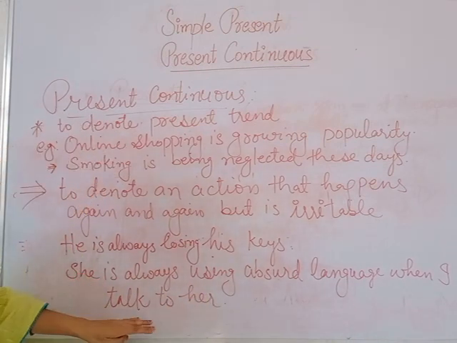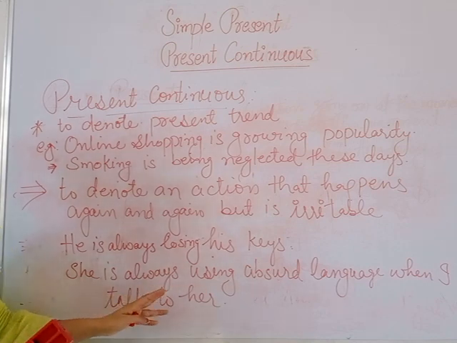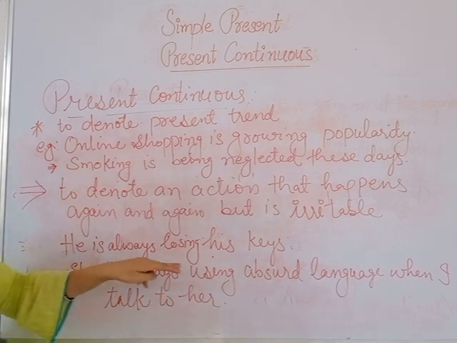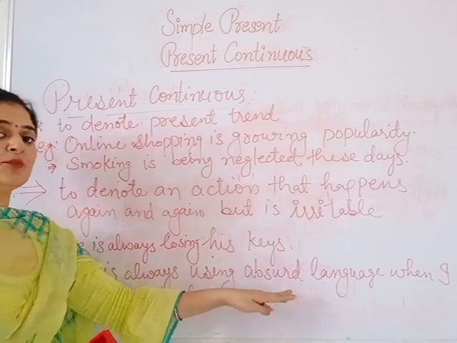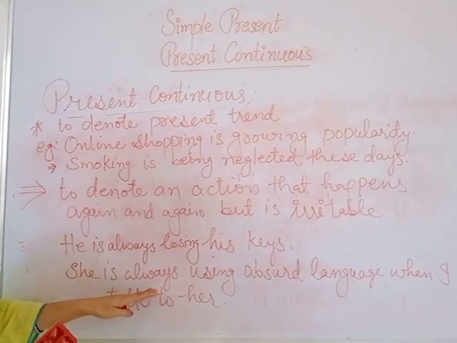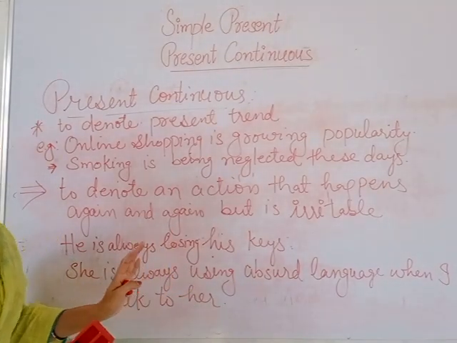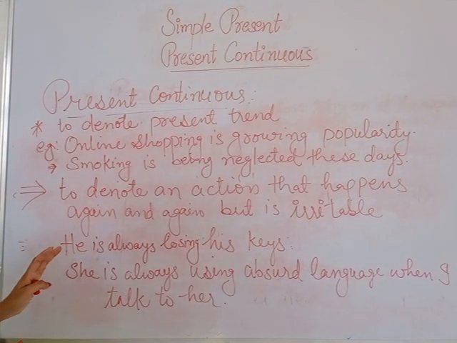So whenever you talk to her, what happens again and again? That she is always using absurd language, mean to say she does not speak to you properly every time. So these all were the uses of present continuous tense.